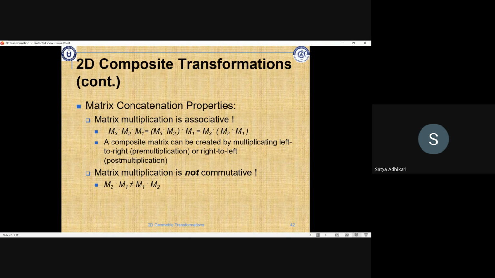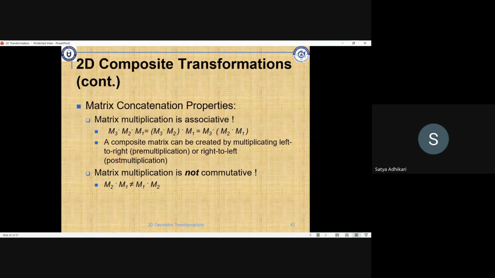Matrix multiplication is not commutative. That is, A dot B is not equal to B into A. B and A may not be suitable for matrix multiplication.